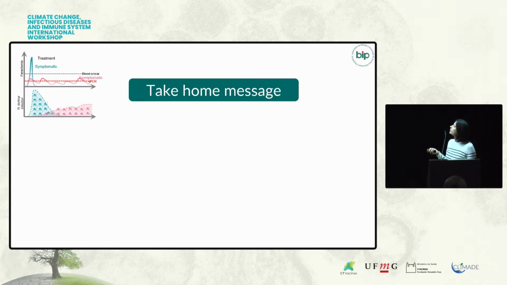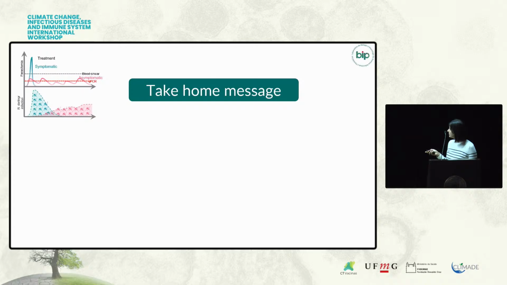So the take-home message here, first, is how asymptomatic individuals behave, the more epidemiological part of the study, which we have to determine very well to be able to work with this population.